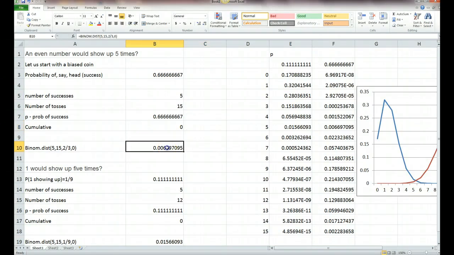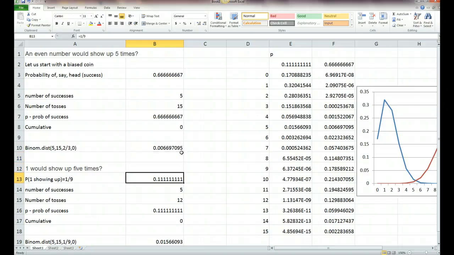I have written that formula on the left: equals binom.dist, 5 number of successes, 15 number of trials, 2/3 probability of success, and 0. If you calculate that, you get that probability.